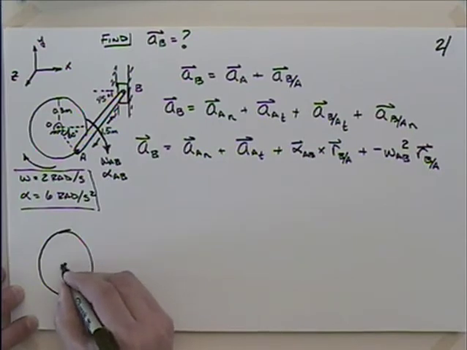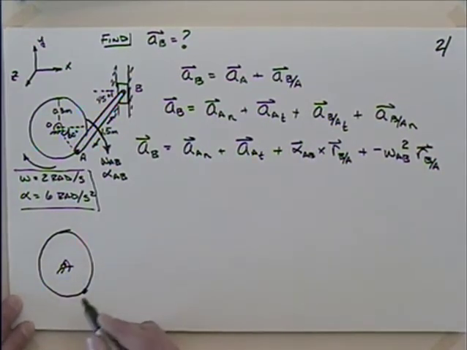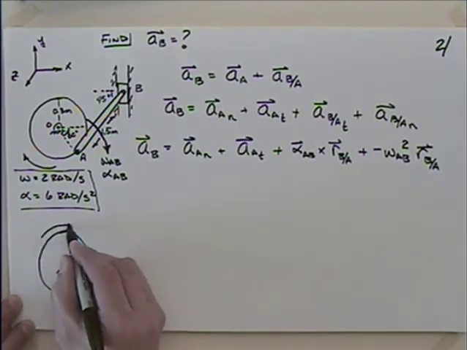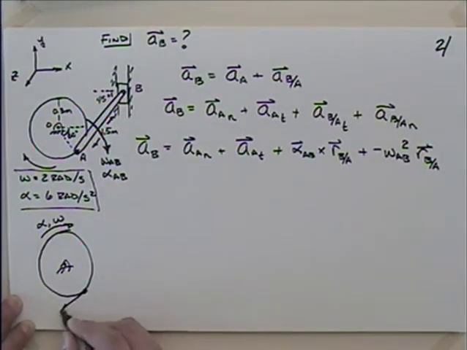That's not very good, but so point A has some, because this is going like this, right? Alpha and omega. This is going to be the acceleration in the normal direction.